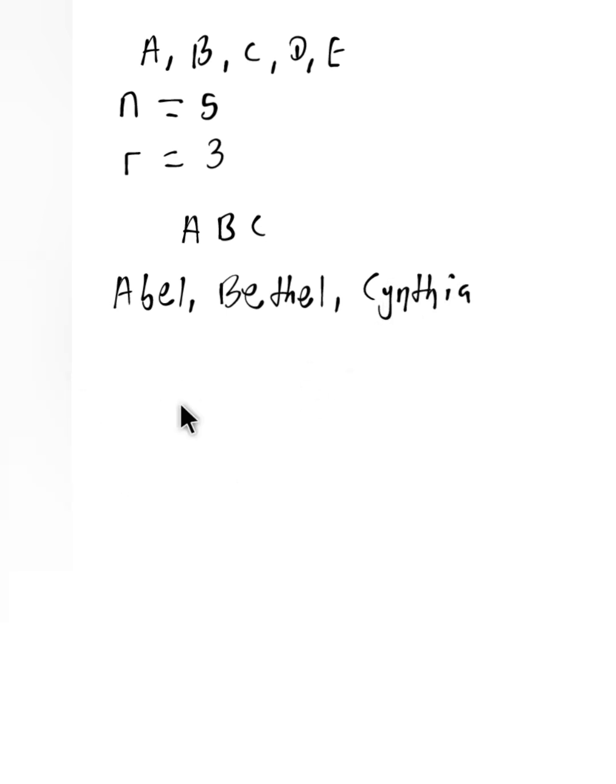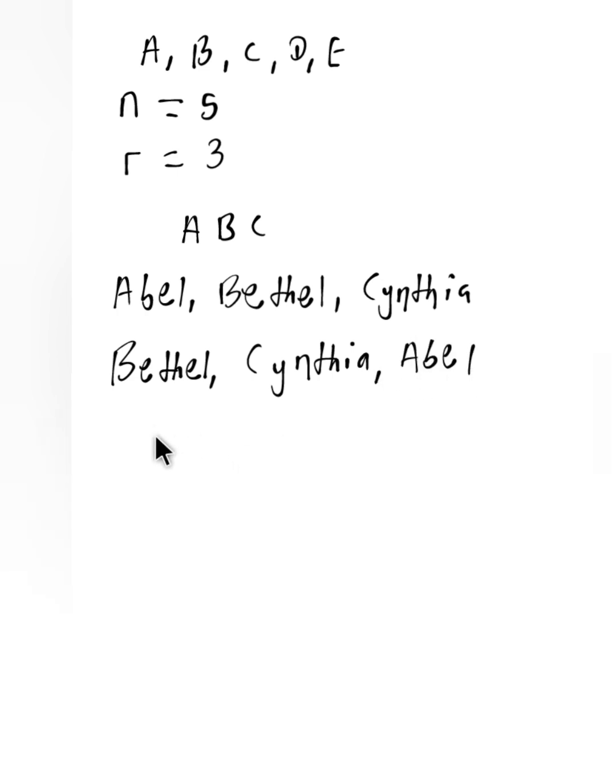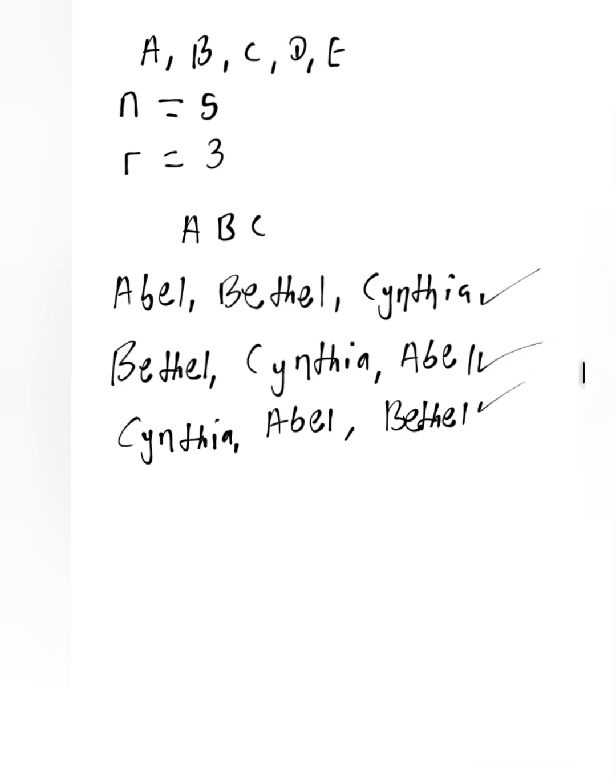If we arrange these names as Bethel, Cynthia, and Abel, or as Cynthia, Abel, Bethel, we observe that they're all the same. This committee is the same as this committee, is the same as this committee, because they contain 3 persons, which are Abel, Bethel, and Cynthia. That's why the order of arrangement does not matter, because they contain the same persons.